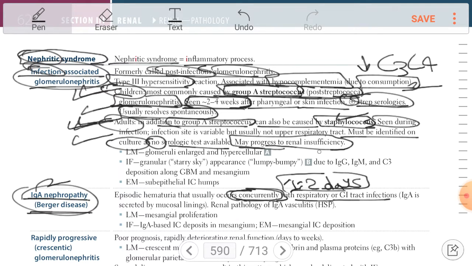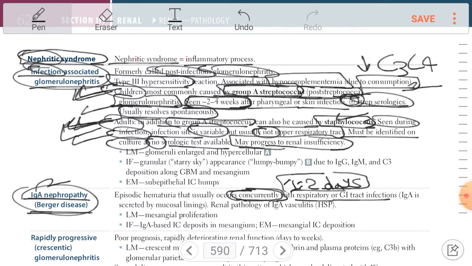But in adults, staphylococcus is seen during infection, and the infection site is variable, usually not the upper respiratory tract. So this is a comparison between children and adults. In children, group A beta streptococcus 2 to 4 weeks after infection, positive streptococcal serologies, resolves spontaneously.